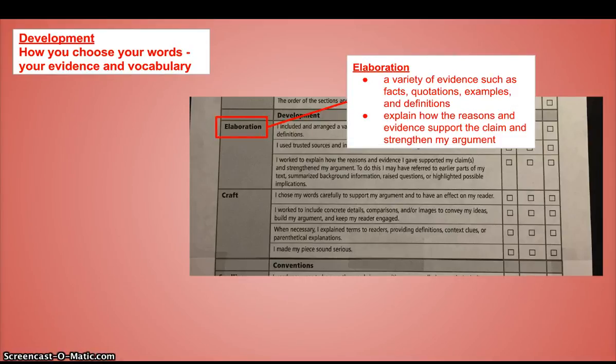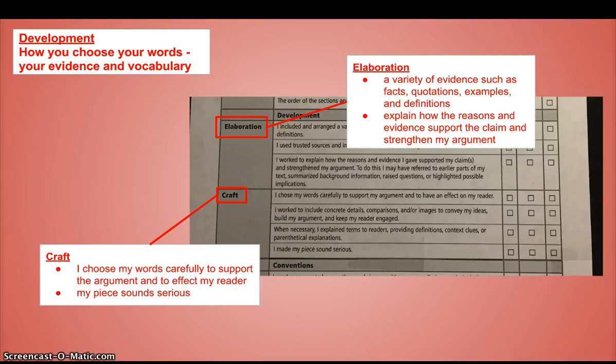You want to have things like facts, quotes, examples, definitions, and you also want to make sure that you explain how the reasons and evidence support the claim and strengthen your argument. In other words, you want to explain your thinking. You want to show how your claim and your evidence are connected, how both of those things work together to prove that you know what you're talking about, that you're a smarty pants and you got this.